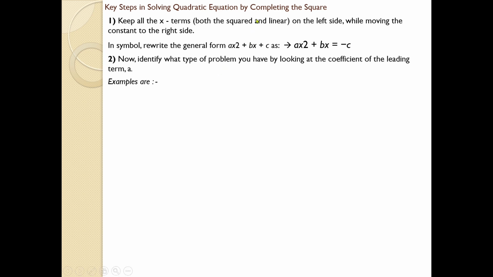But if you are solving a quadratic equation using this method, you have to follow this step: ax square plus bx, and the third one, that is c, has to be shifted to the right hand side in a pattern like ax square plus bx equal to minus c.